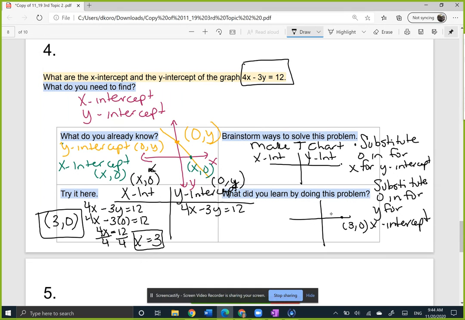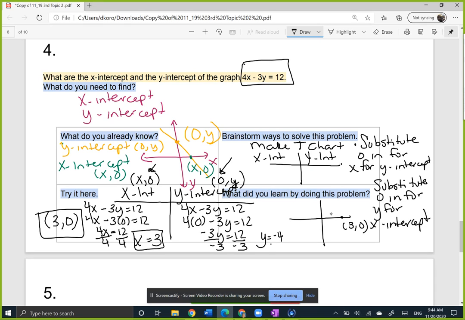Now my y-intercept, x is 0, so I'm going to substitute 0 in for x. So 4 times 0 minus 3y is equal to 12. So 4 times 0 is 0, so negative 3y is equal to 12. Divide both sides by negative 3. 12 divided by negative 3 is negative 4, so y is equal to negative 4.